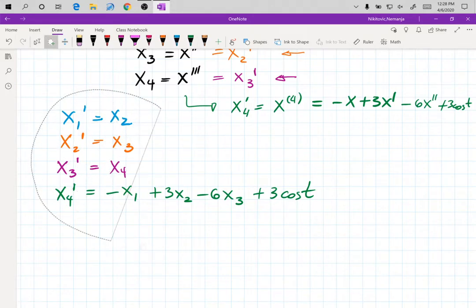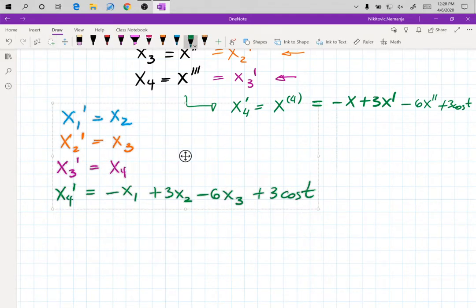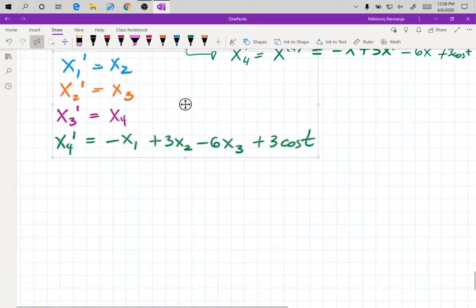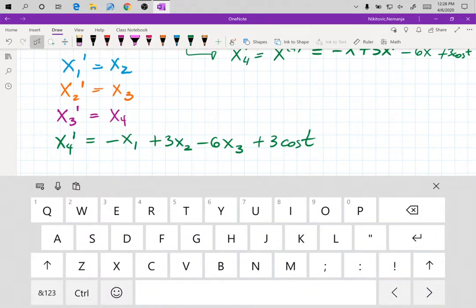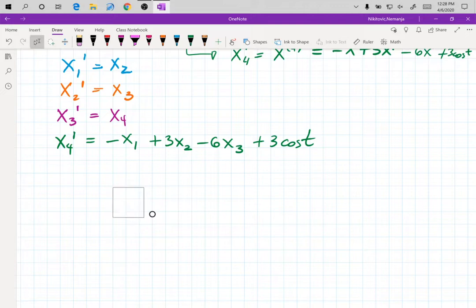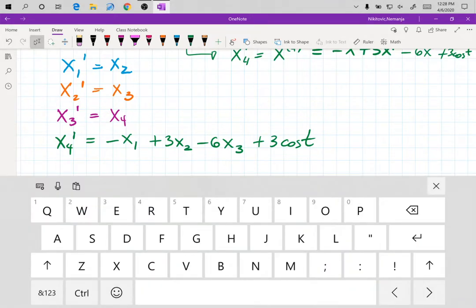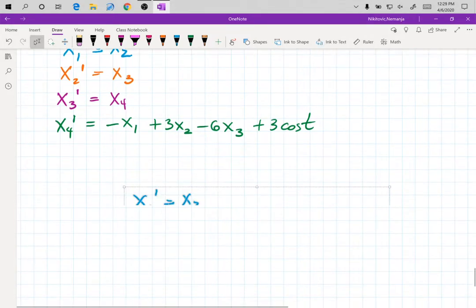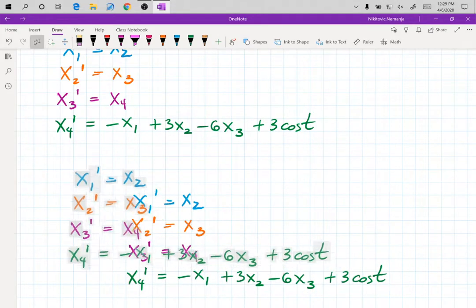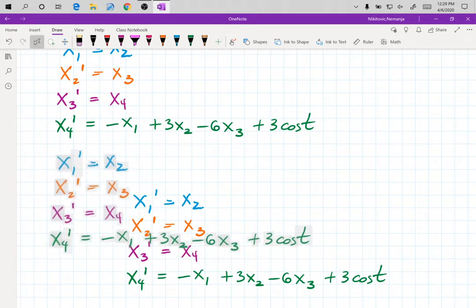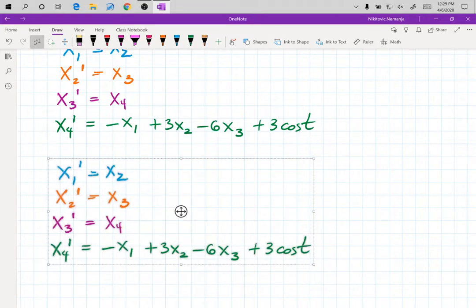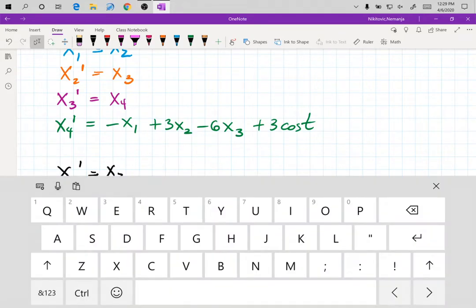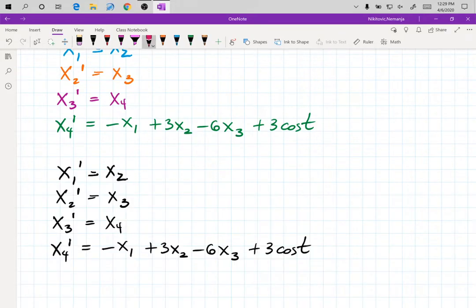So the answer is, for our system, copy, paste, black, there we go, and the box.